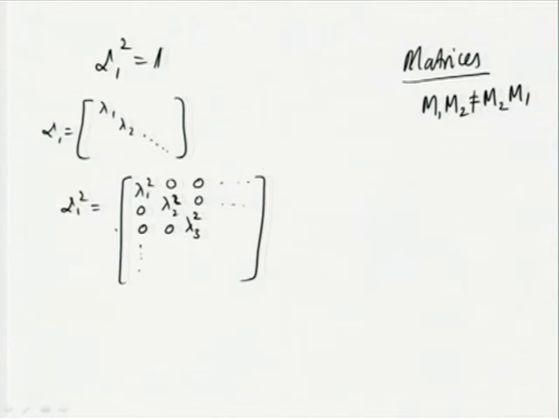So, when I write it as lambda square equal to 1, I actually mean a unit matrix.